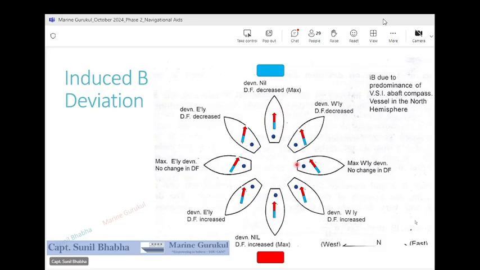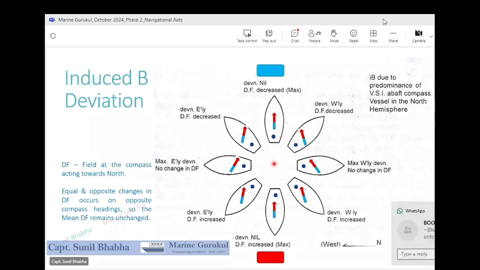Maximum deviation is generated on easterly and westerly courses, and zero deviation is generated on northerly and southerly courses. So you can see it is proportional to sine of the compass course. Sine 90 or sine 270 has a magnitude of 1, and sine 0 and sine 180 are 0. So it is proportional to the sine of the compass course.